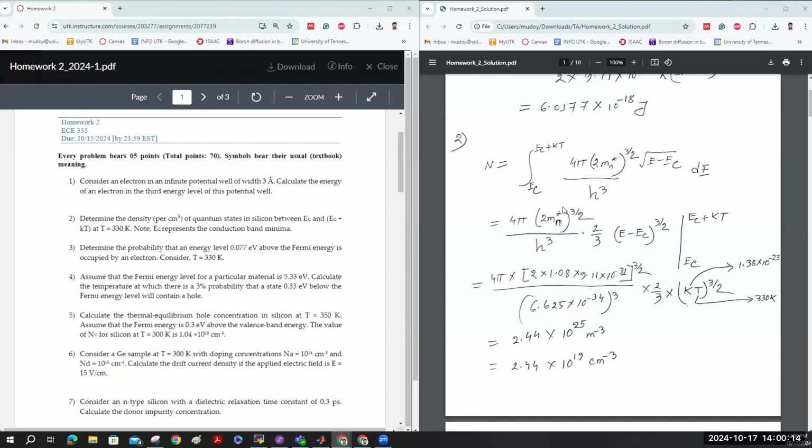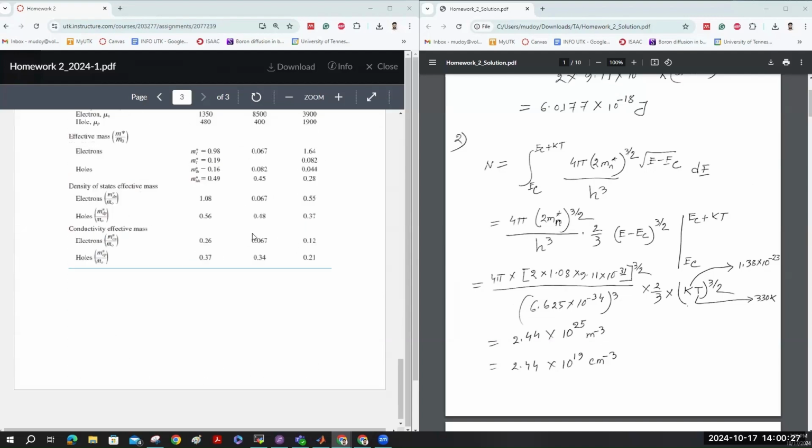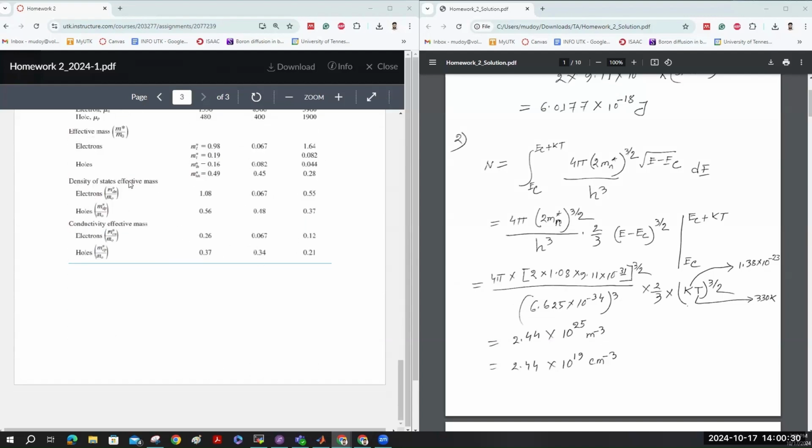So you may ask, what is mn star? You know that this is the effective mass of electron for density of states. In the question of homework 2, the value of this parameter is already given. Here, as you can see, density of states effective mass for electrons is 1.08. Here, the density of states effective mass is given in terms of m naught.